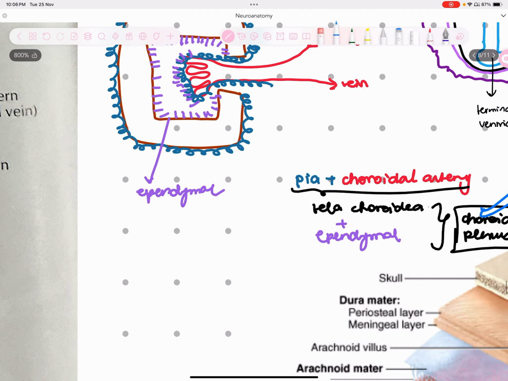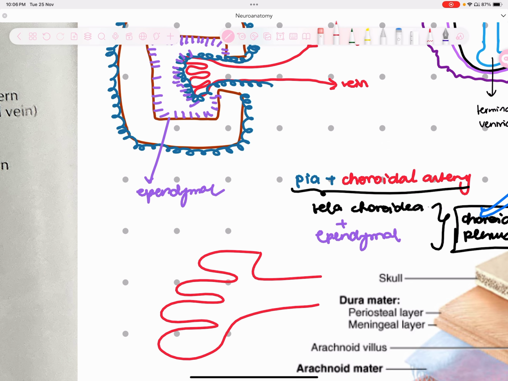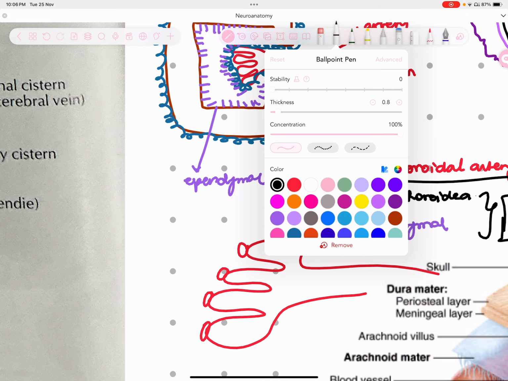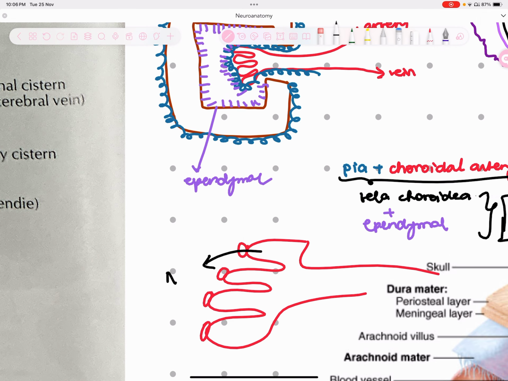Let me tell you, for example, if this is your choroid plexus, it will be lined by a lot of epithelial cells. It has channels also, and those channels do what? Sodium is excreted out into the ventricle, into the cavity.